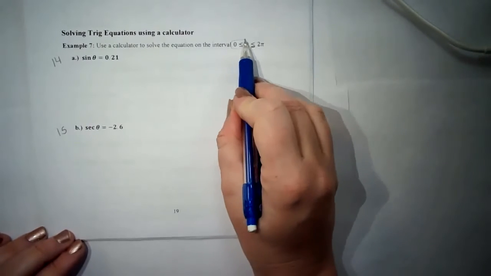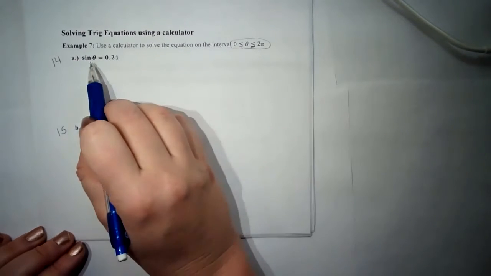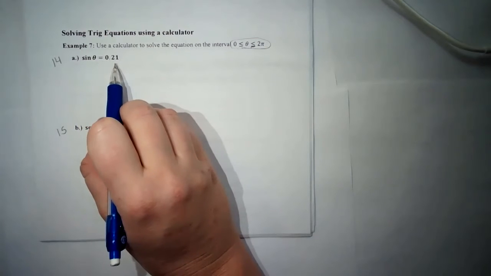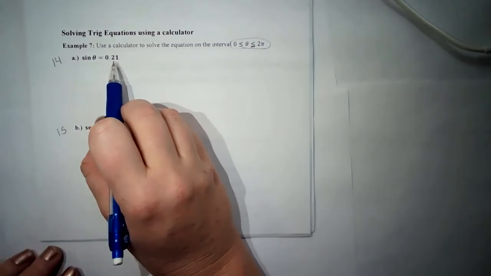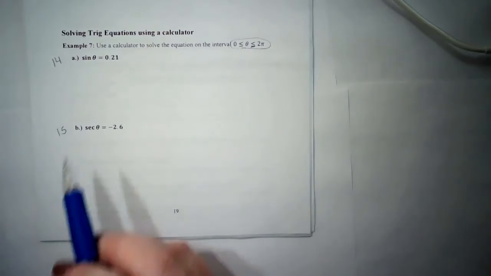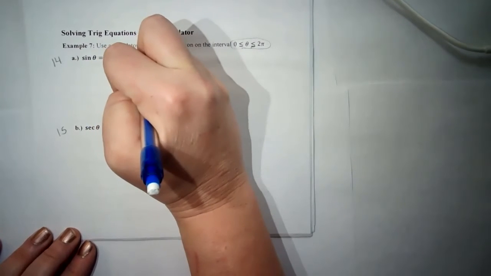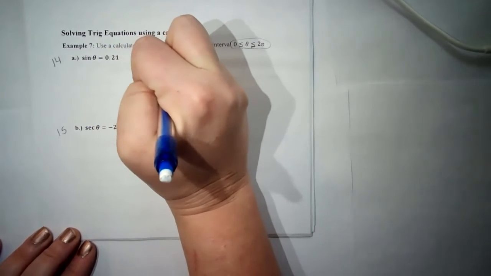If we want to know what angle of sine gives us 0.21, that means we're going to have two values. Since this is positive, we're looking for one angle in quadrant 1 and one angle in quadrant 2. Does that make sense?